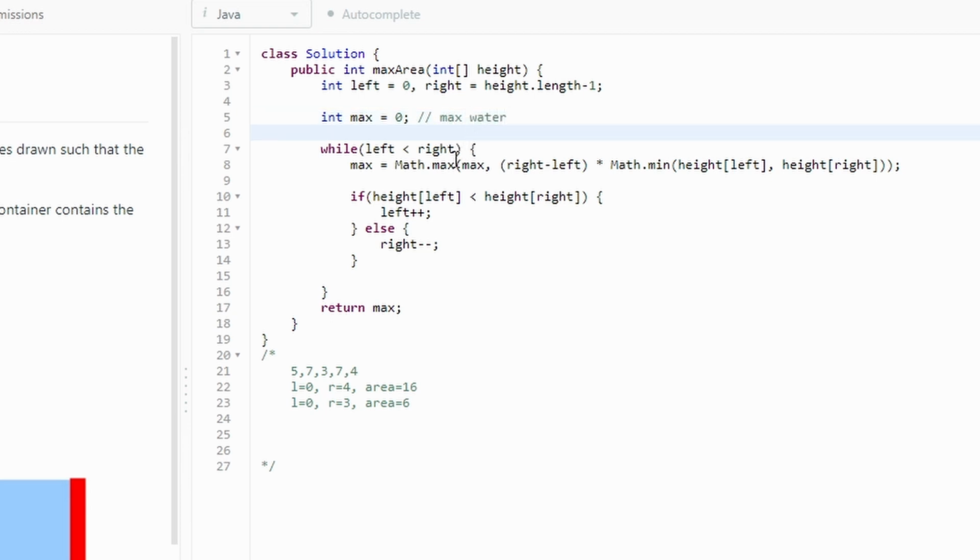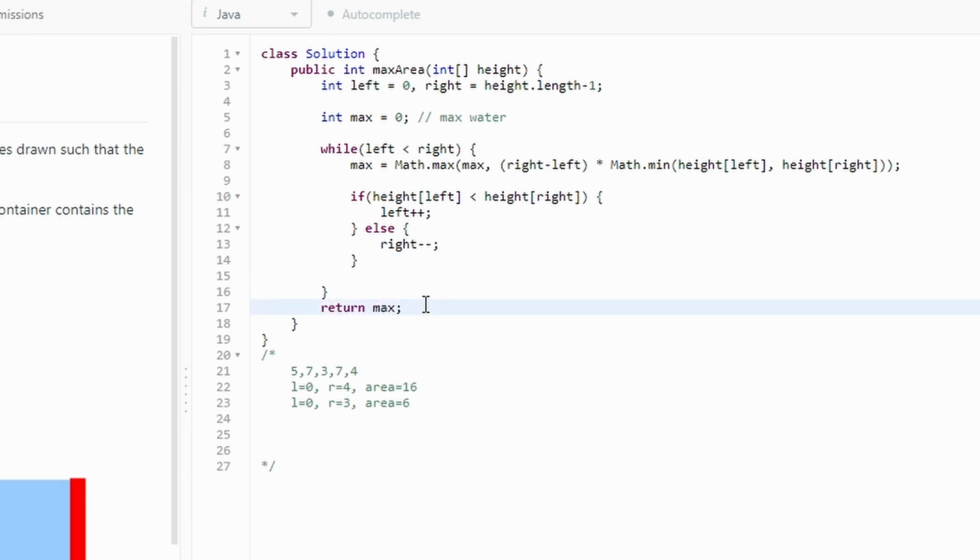We check whether we have already encountered a bigger max, or this is the area of the water with the current two pillars, which is right minus left, the distance between them, times the minimum of the two heights. Then we determine which pillar to move based on which one is smaller, and at the end we just return the maximum value, and this will work.